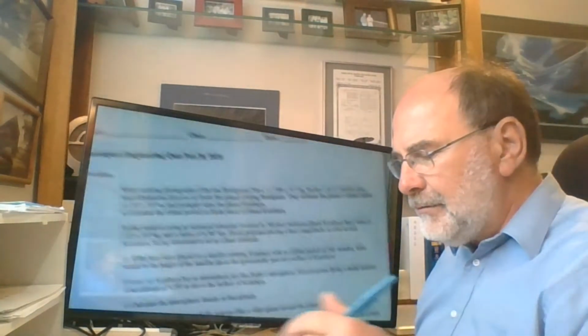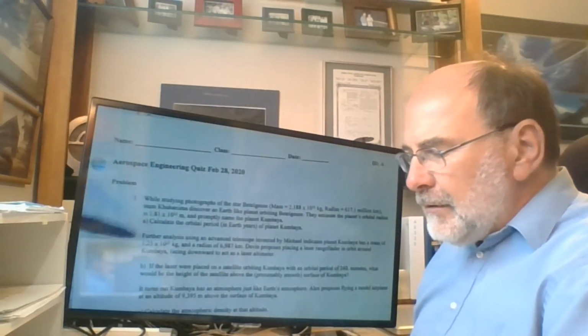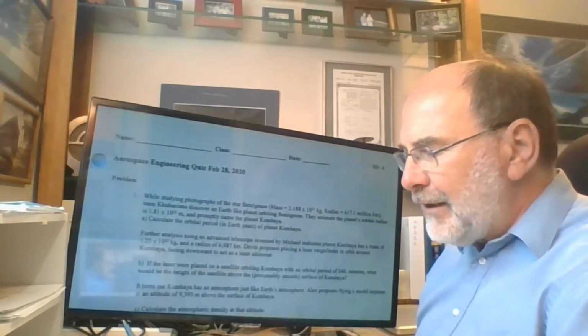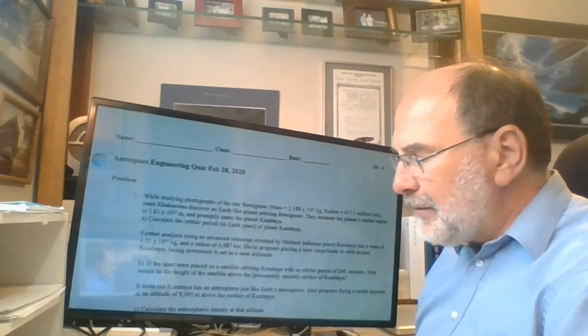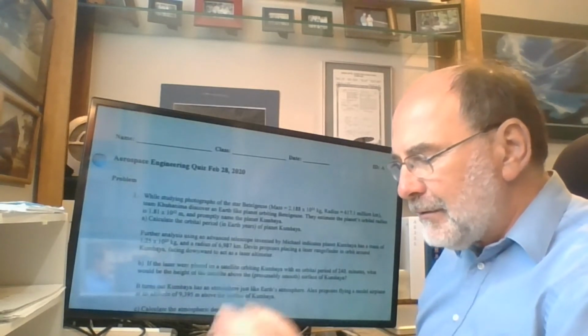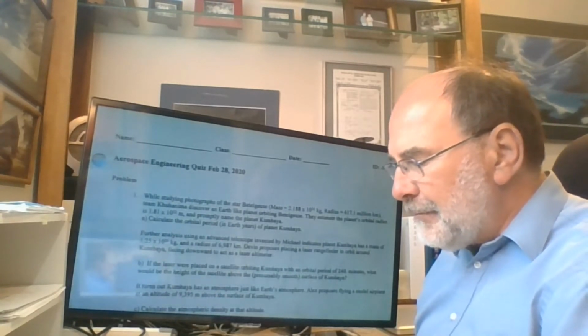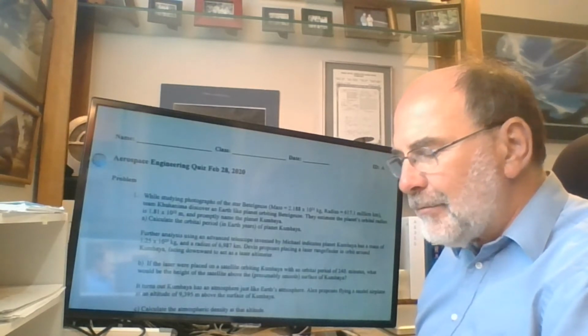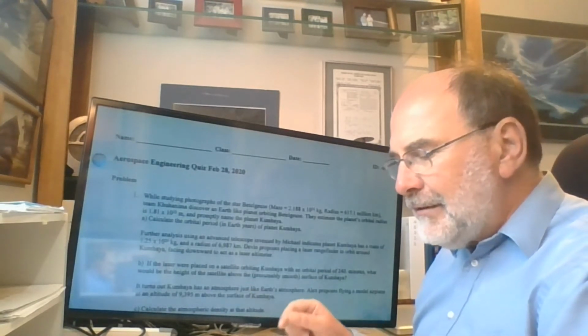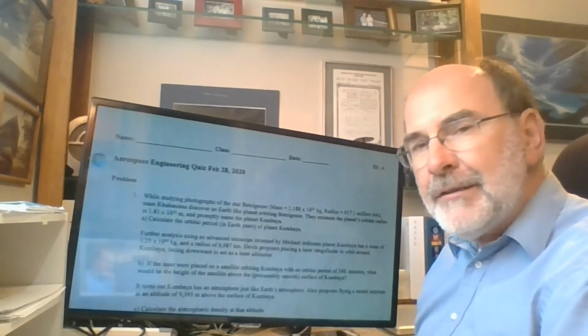The next question was, further analysis using an advanced telescope invented by Michael indicates planet Kumbaya has a mass and a radius given. Devon proposes placing a laser rangefinder in orbit around Kumbaya, facing downward to act as a laser altimeter.